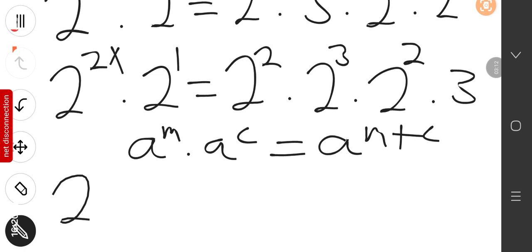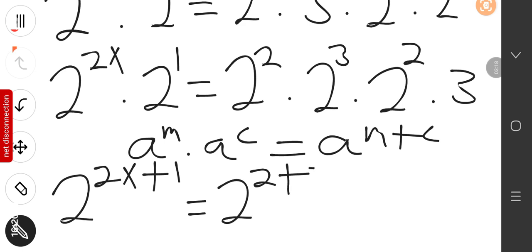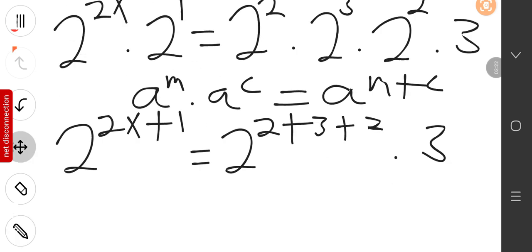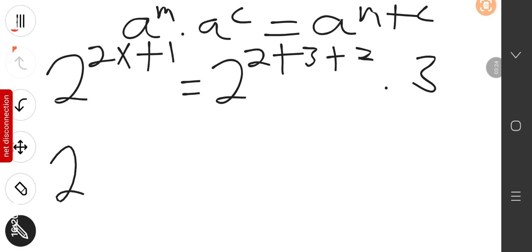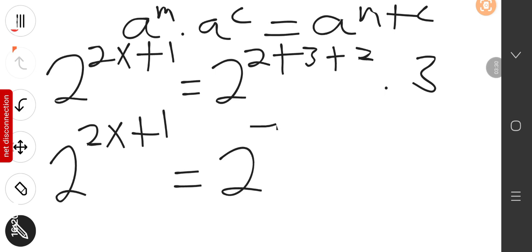So we're going to have 2 exponent 2x plus 1 equals 2 exponent 2 plus 3 plus 2, and then we have 3 here. All right, so our equation becomes 2 exponent 2x plus 1 equals 2 exponent 7, and then we have 3.